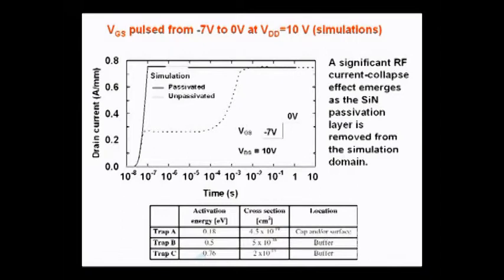As we can see here, the simulated gate lag with and without passivation: in agreement with the experimental result, the gate lag is negligible in passivated devices, while in unpassivated devices a significant gate lag emerges.